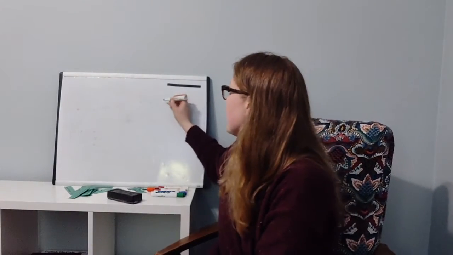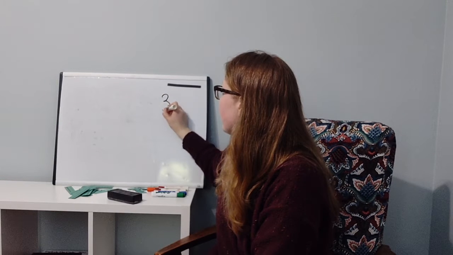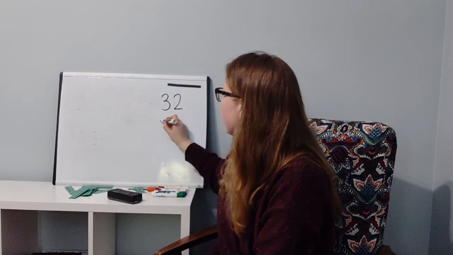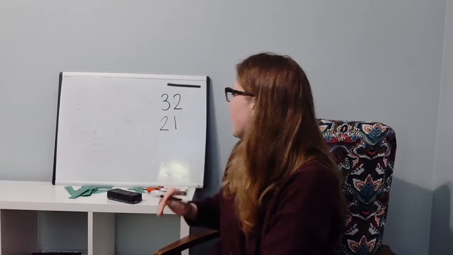Remember, we need the important information, and that important information is the numbers. The two numbers I read were 32 and 21. Do you remember what I said at the very end?